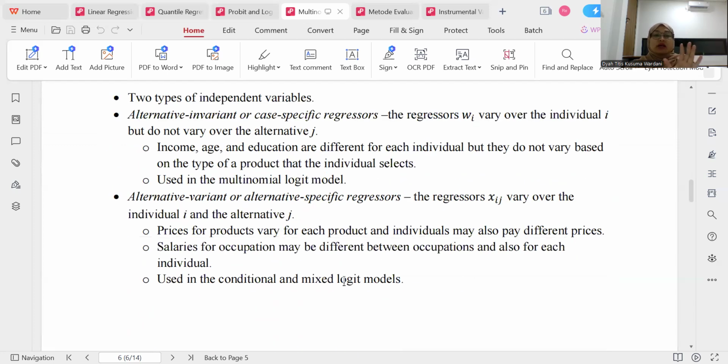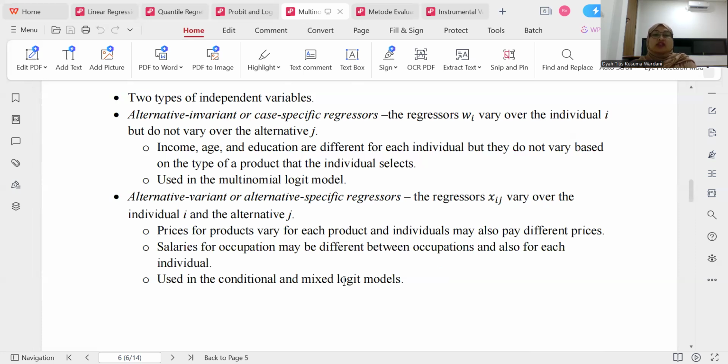For example, income, age, and education are different for each individual, but they do not vary based on the type of product that the individual selects. Here we can use the multinomial Logit model.